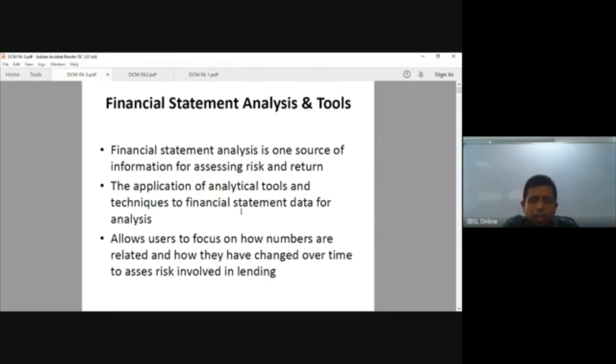The application of analytical tools and techniques to financial statement data is very critical. It allows the user to focus on how numbers are related and how they have changed over time, to assess the risk involved in lending.